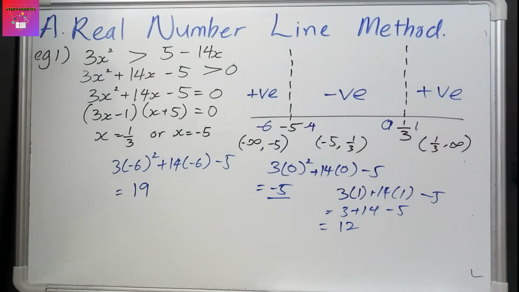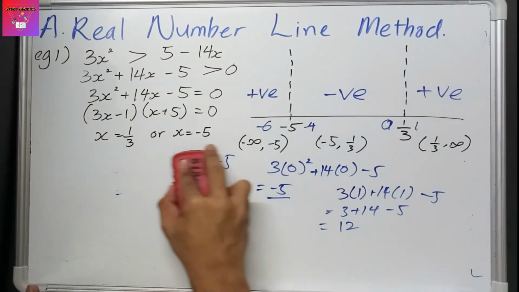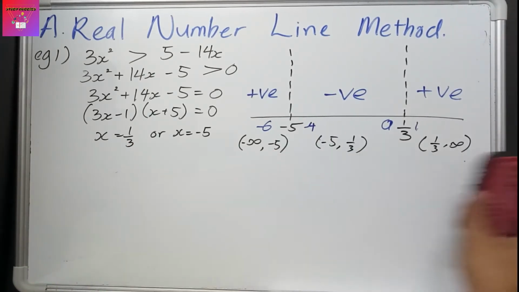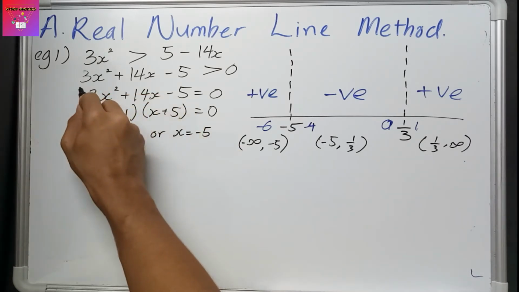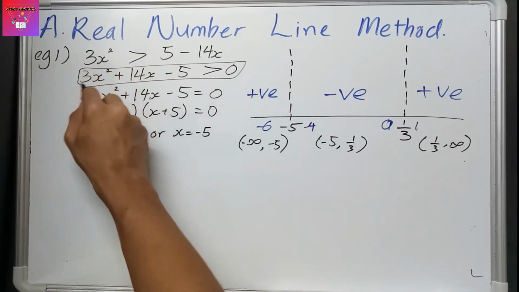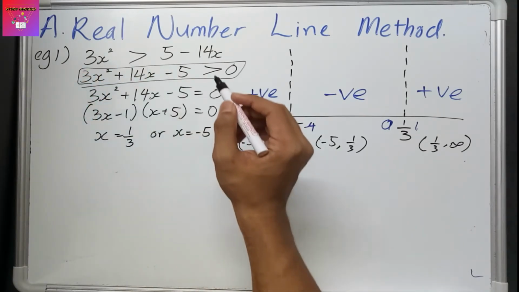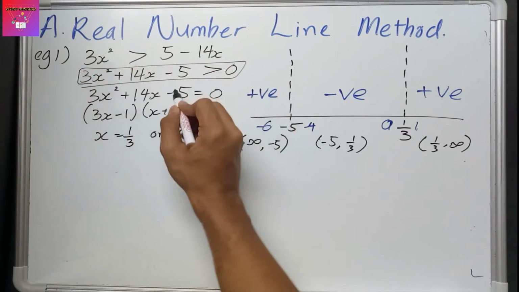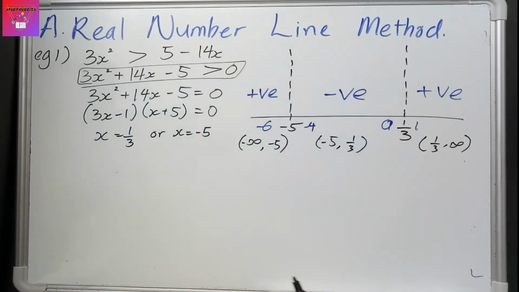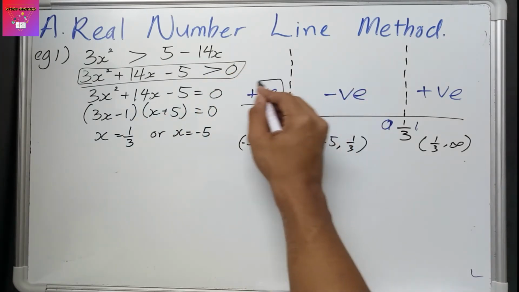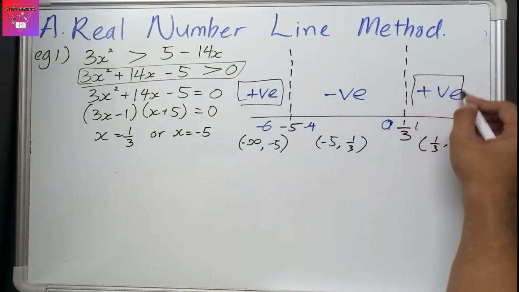answer. Okay, so once we have found out whether it's positive or negative, we come back to this inequality. When the inequality has a value greater than 0, we choose the positive parts only.